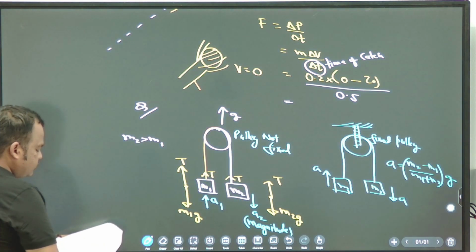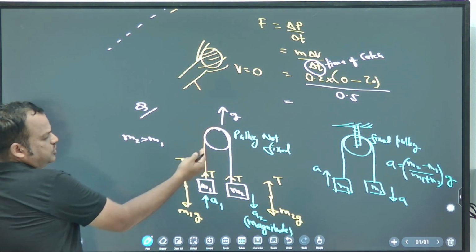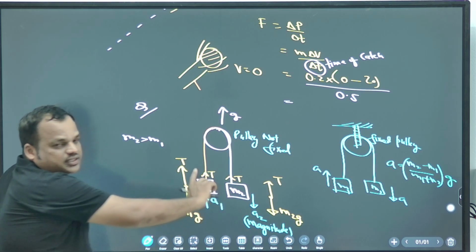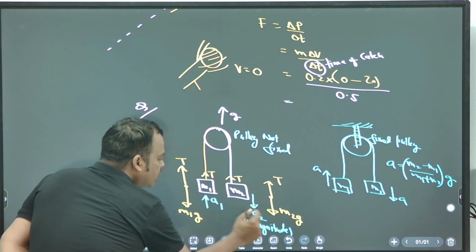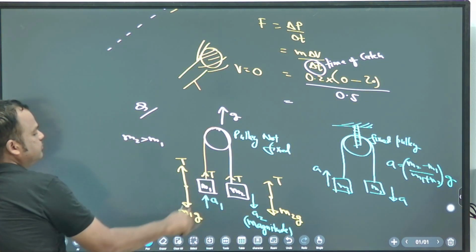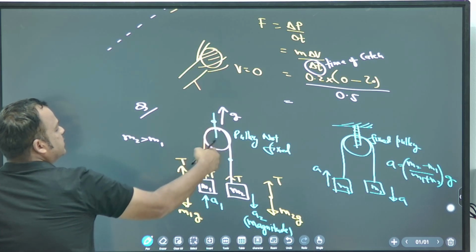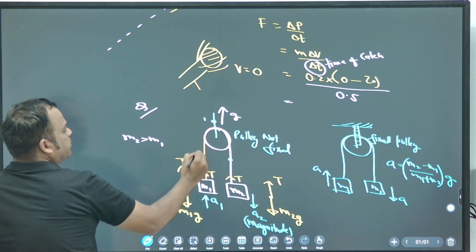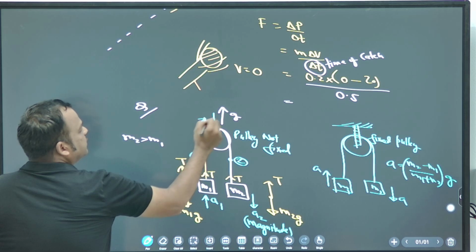Now, the pulley is not fixed. So how will you solve now? Tell me. So, different accelerations. Understood? These are with respect to ground. These 3 points, you can call point 1, point 2, and point 3.